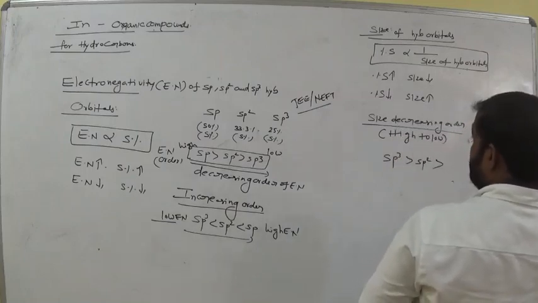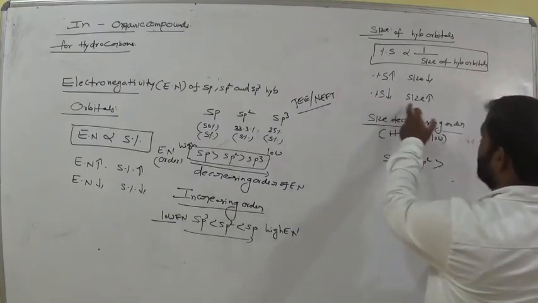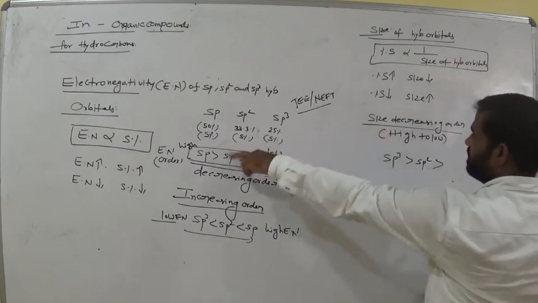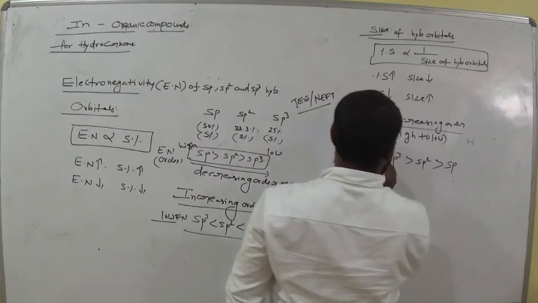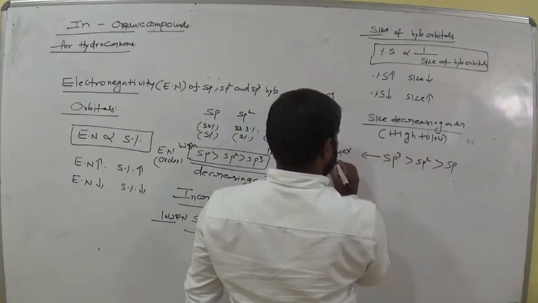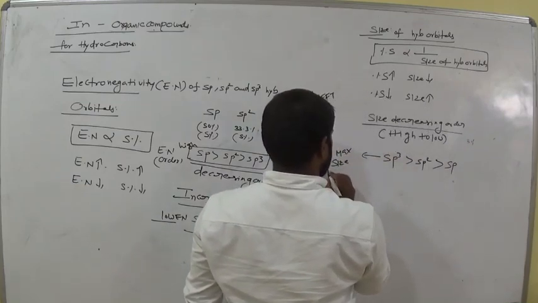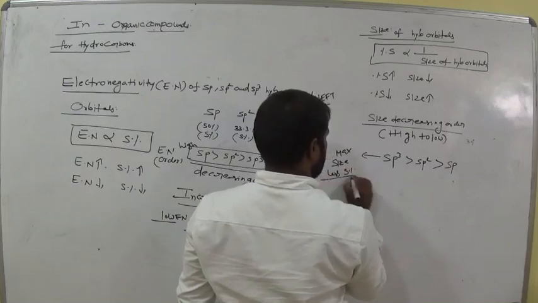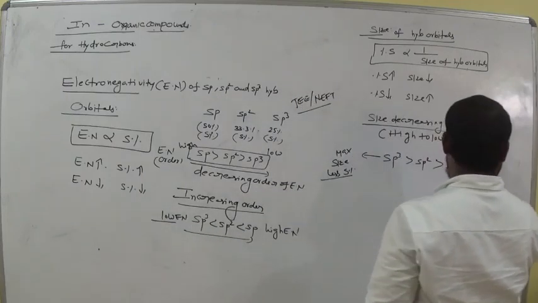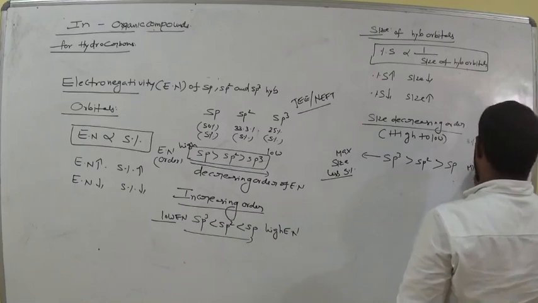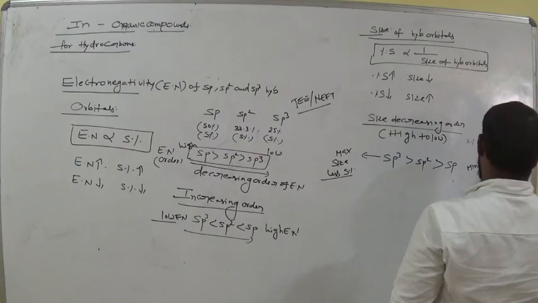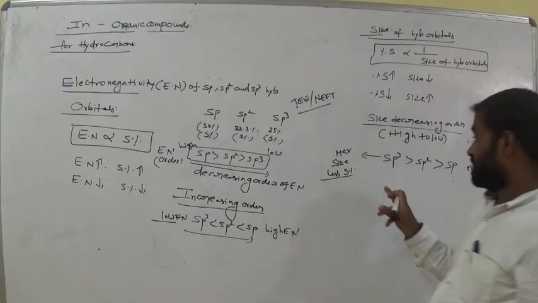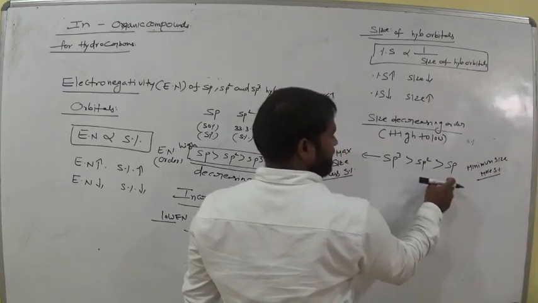As s percentage decreases, size is more. More s percentage means less size, that is sp. Maximum size has less s percentage. Am I right? Minimum size has more s percentage. Am I right? This is bigger in size, this is smaller in size.